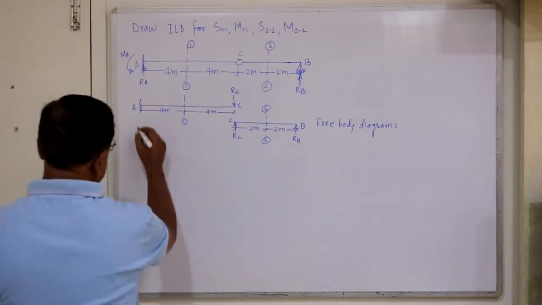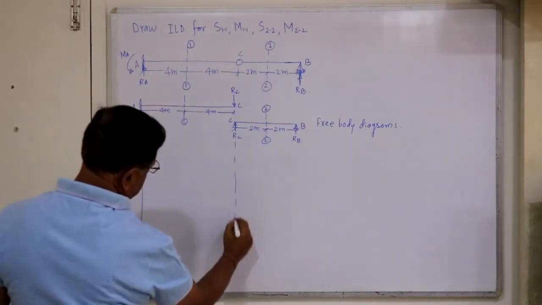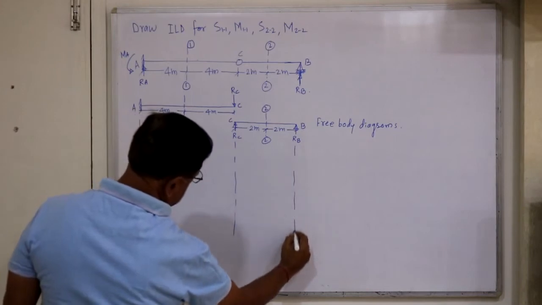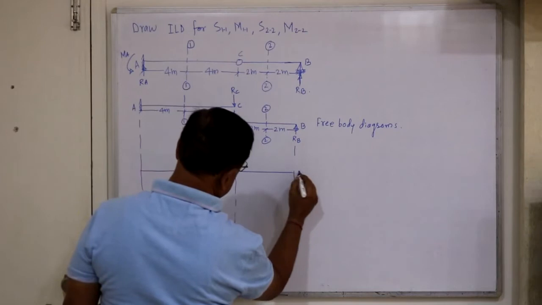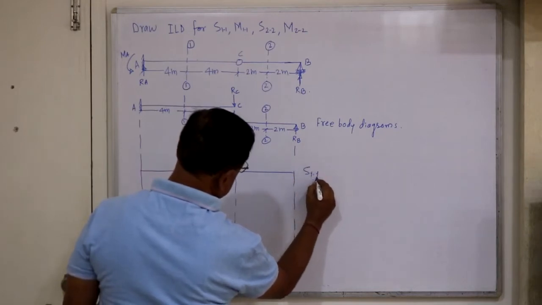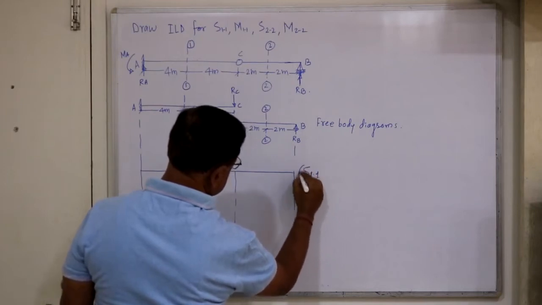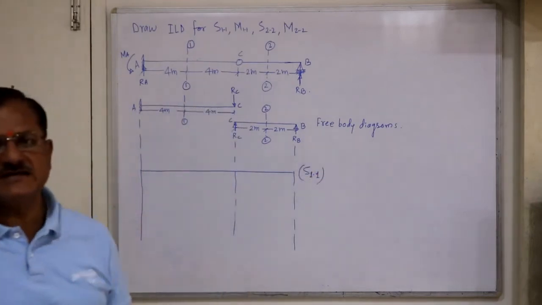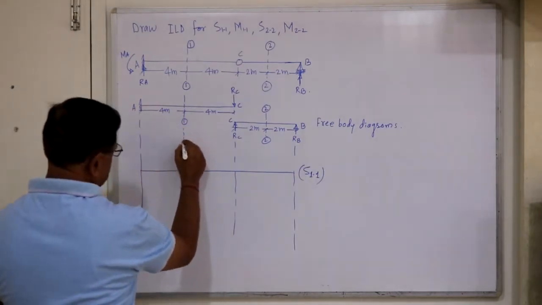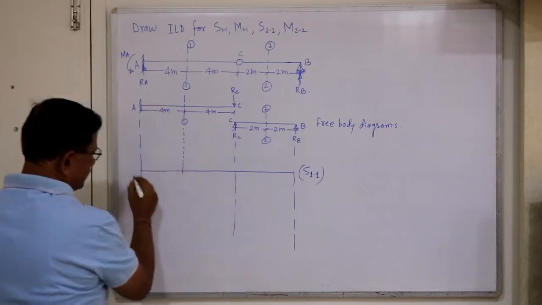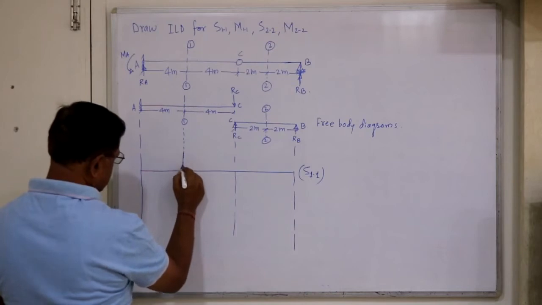Now with this concept of Muller-Breslau's principle, let's draw ILD for S11. So S11 is within the cantilever. We know that for the cantilever portion, the left hand will not be disturbed because this is fixed, and total shearing is unit.